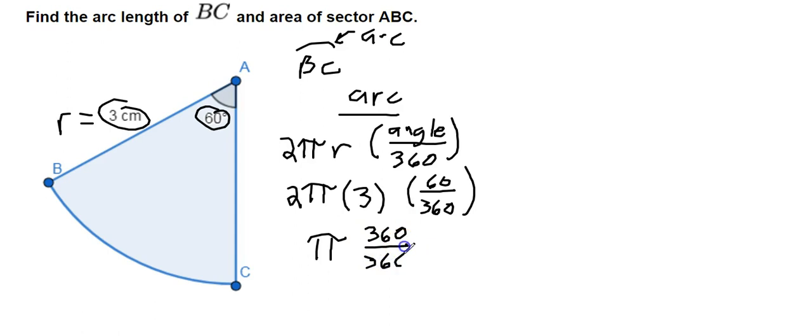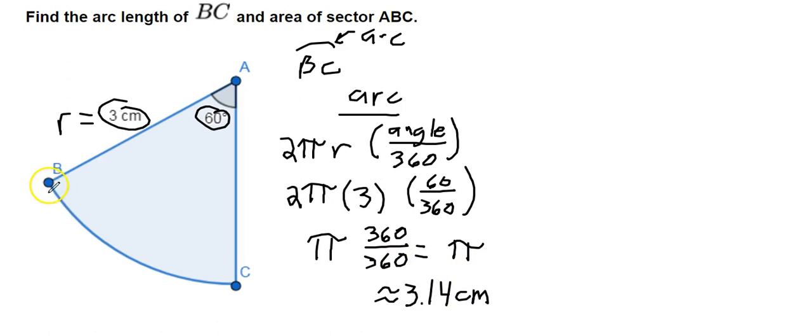It works out nicely here because 2 times 3 is 6, and 6 times 60 is 360. So that simply gives us pi, or about 3.14 centimeters for our arc.